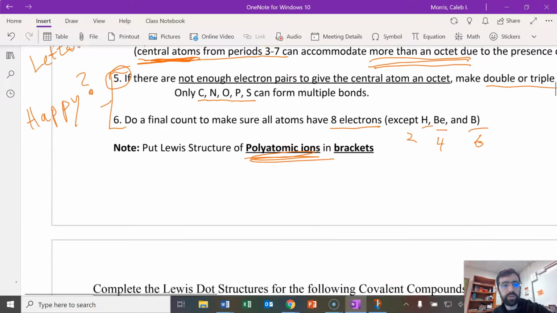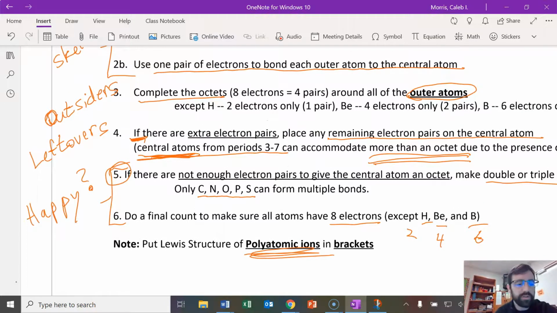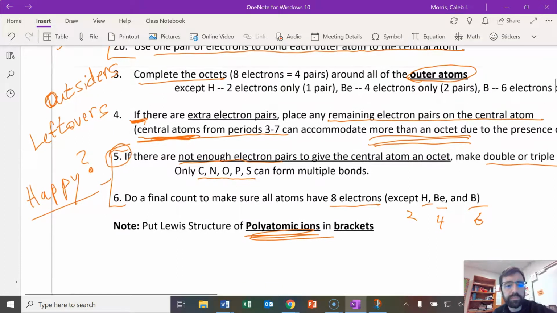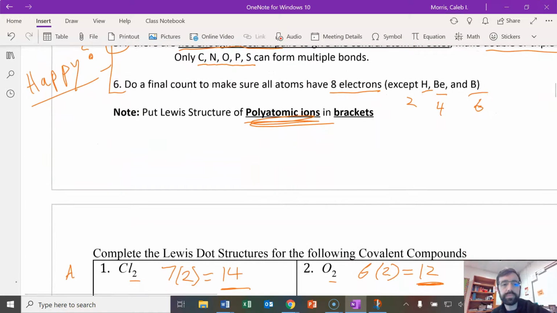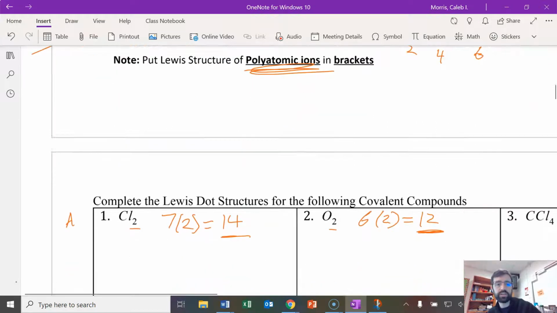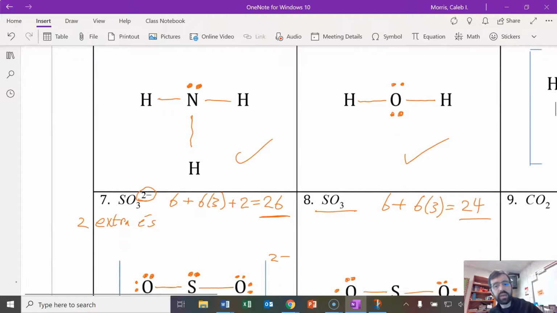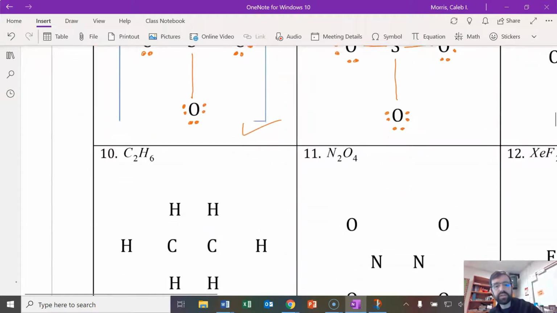Okay, so if we remember our steps, after leftovers we check, are they happy? If there are not enough electron pairs to give the central atom an octet, we're going to make multiple bonds, double or triple bonds, and then we just double check to make sure that they have at least enough electrons.